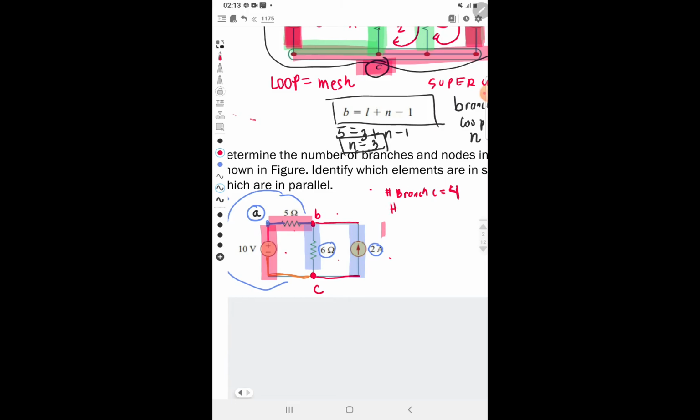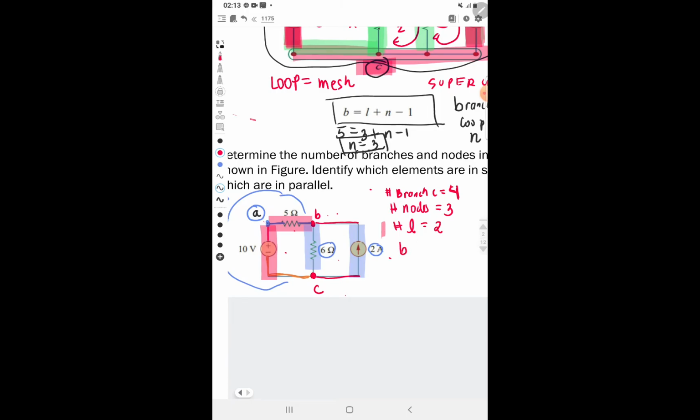Number of nodes, we have 1, 2, 3. So number of loops, we have 2.